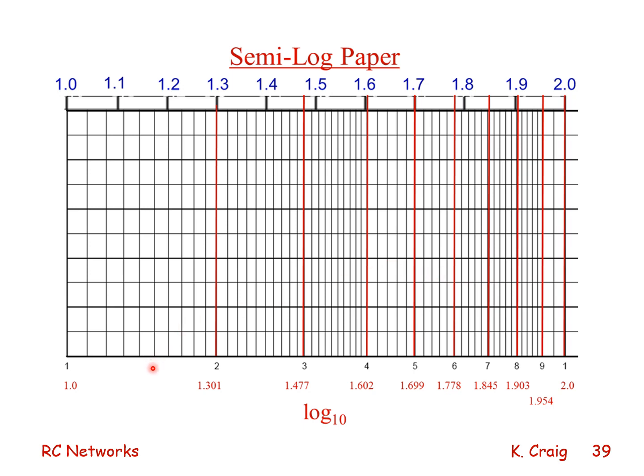So on the logarithmic paper, this is 10, this is 20, this is 30, 40, 50, 60, 70, 80, 90, 100. And these represent the log to the base 10 of those numbers. So I'm plotting the log to the base 10 of those numbers, but I'm letting the paper take the logarithm for me, rather than plotting on a linear scale and having to actually, with my calculator, take the log to the base 10 of those numbers.